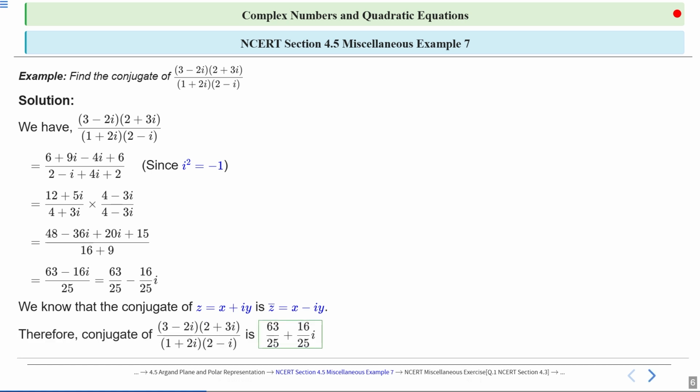Therefore, the conjugate of (3 minus 2 iota) times (2 plus 3 iota) divided by (1 plus 2 iota) times (2 minus iota) is 63 divided by 25 plus 16 divided by 25 times iota. I hope this example is clear to all of you.